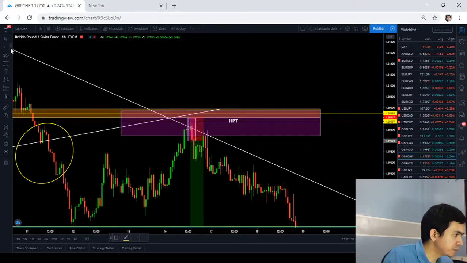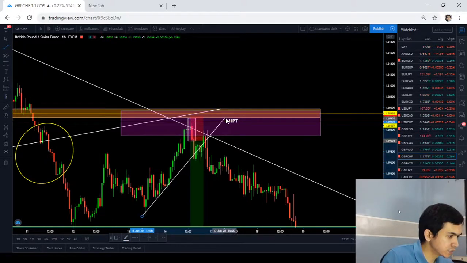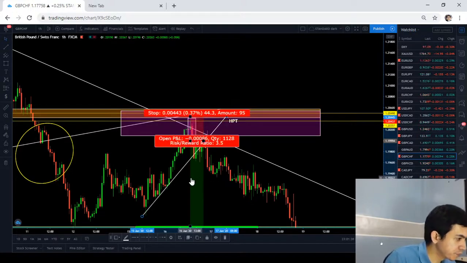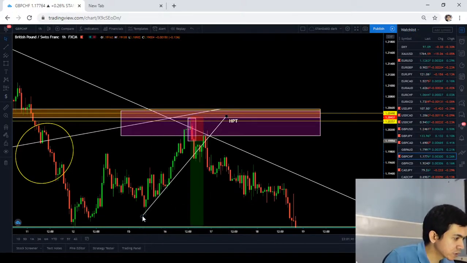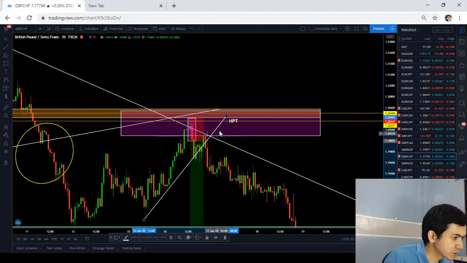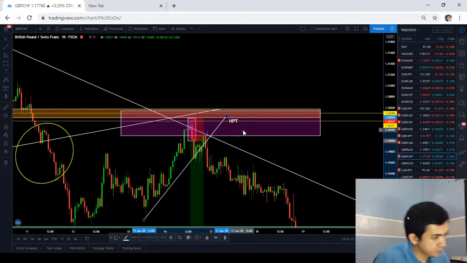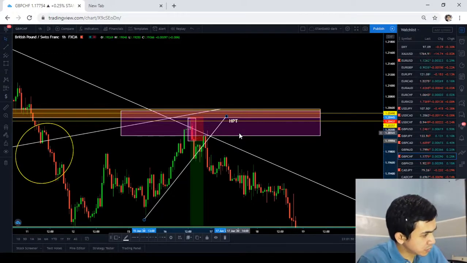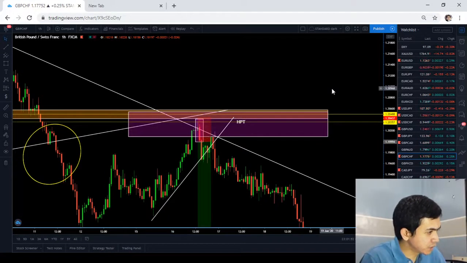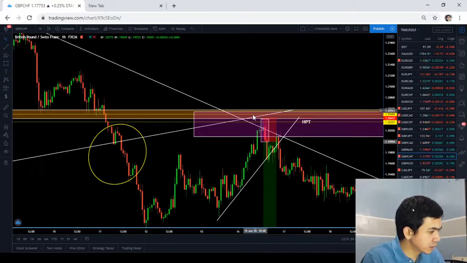I can see here. Diba? No, diba? So, ano, this gotta be what? Plus, on a higher time frame, meron tayong trend line.